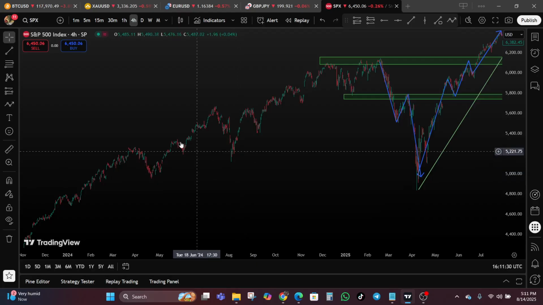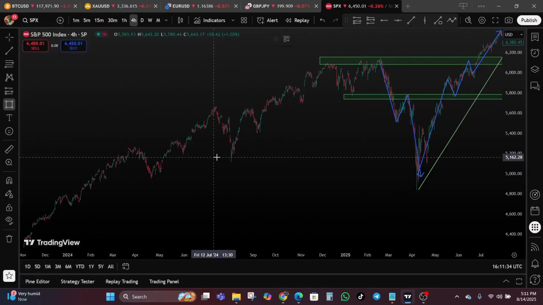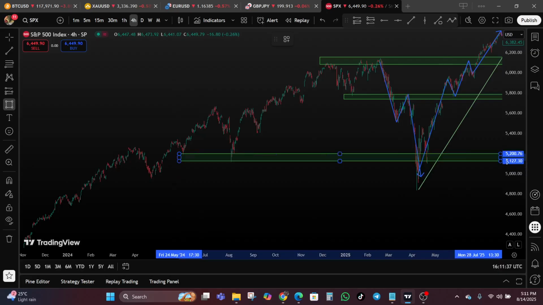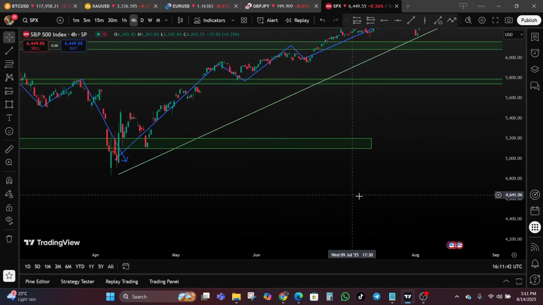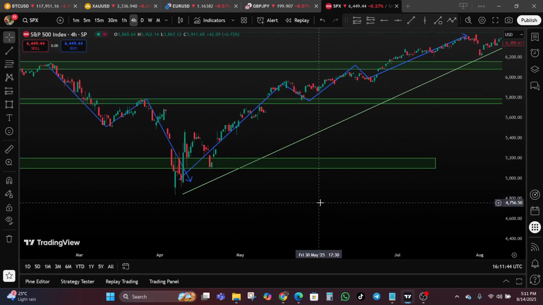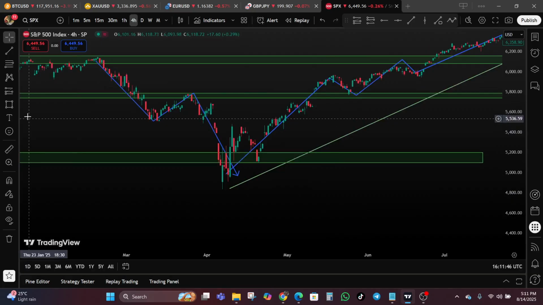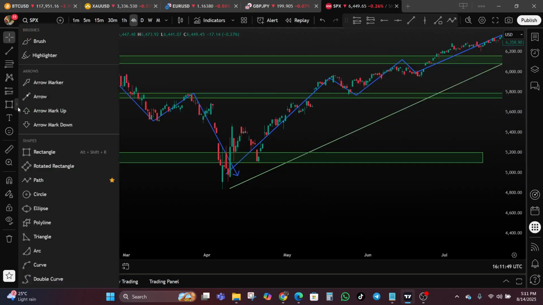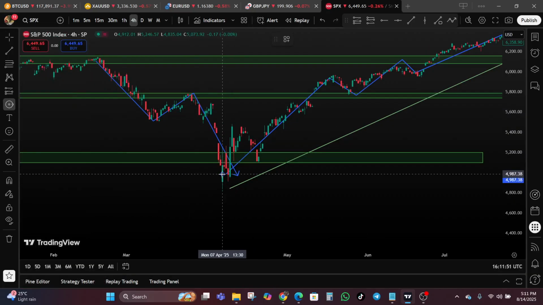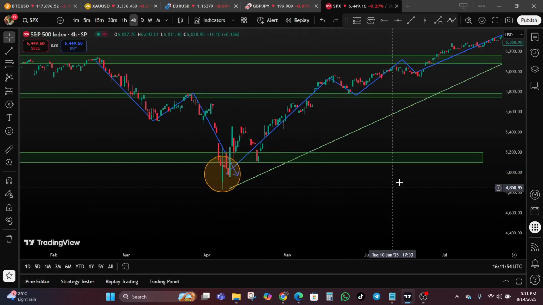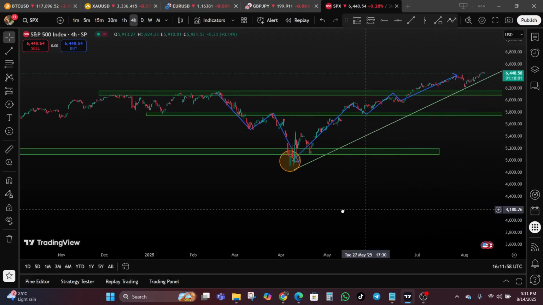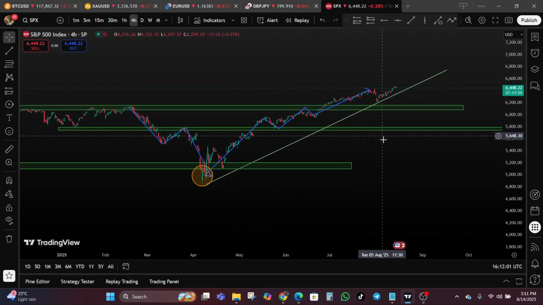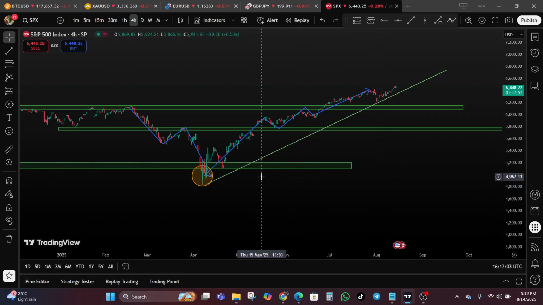Once your zones are in place and the market structure is clear, it's time for entry confirmation. For SPX 500, this could be a candlestick pattern like a rejection wick.